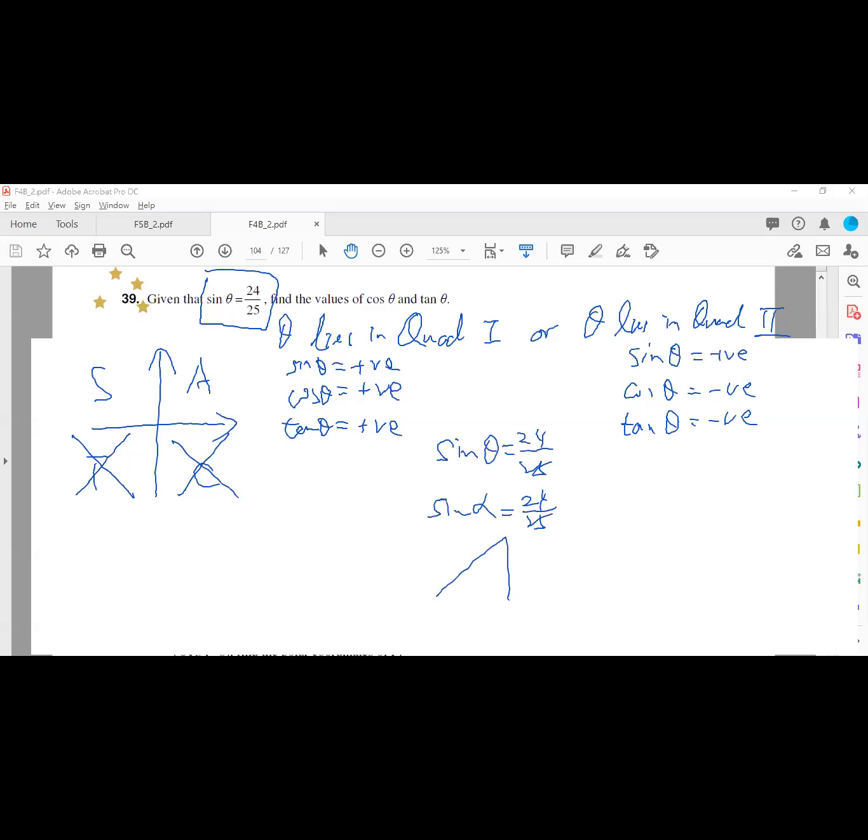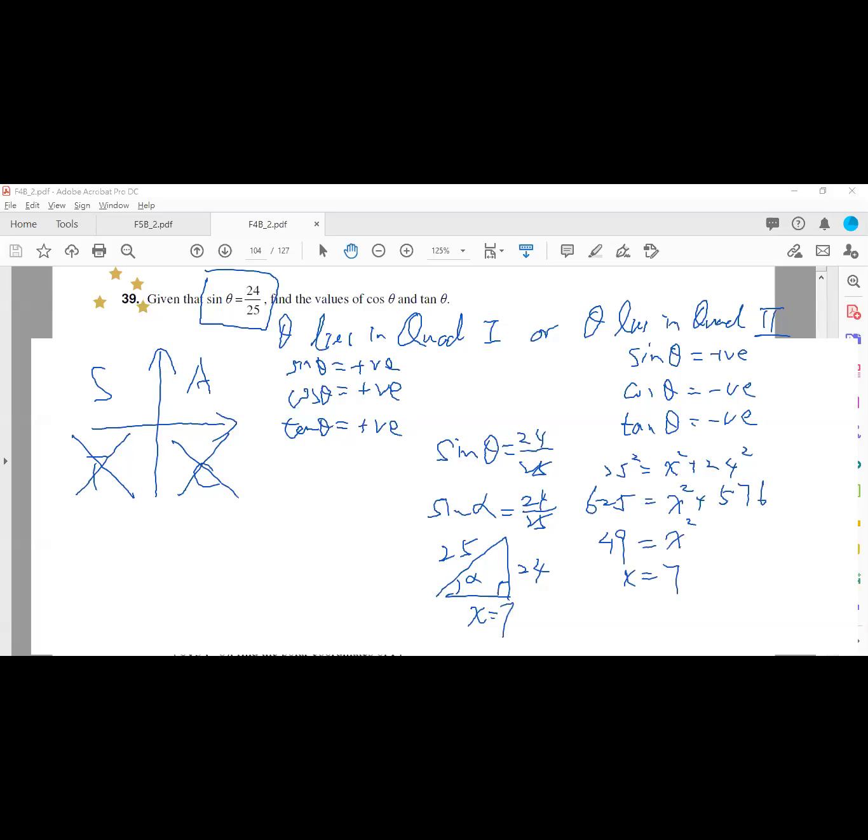Then we draw the right angle triangle. Opposite side is 24, hypotenuse is 25, and we let x be the third side. Then 25 squared is equal to x squared plus 24 squared. 625 is equal to x squared plus 576, so 49 is equal to x squared. x is equal to 7.